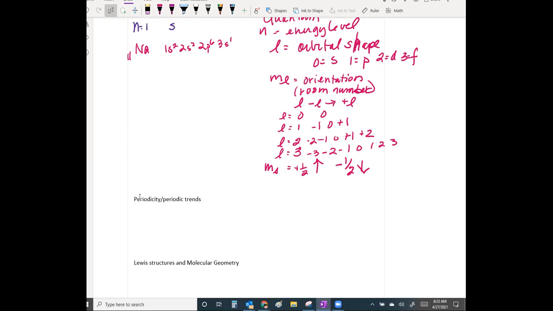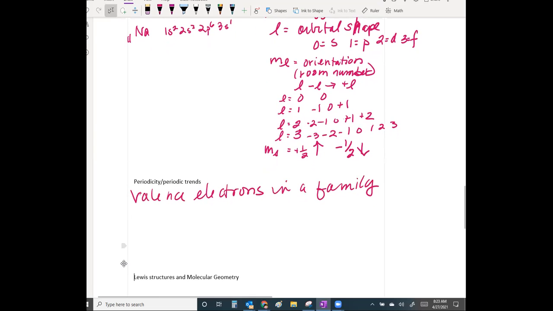Periodic trends, we're simply talking about the periodic table. So when you're talking about periodic trends, you're talking about the valence electrons in a family, and how the number of electrons versus protons affects each other.